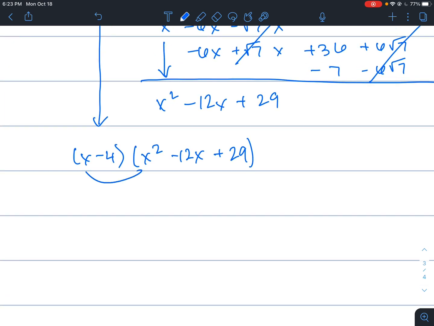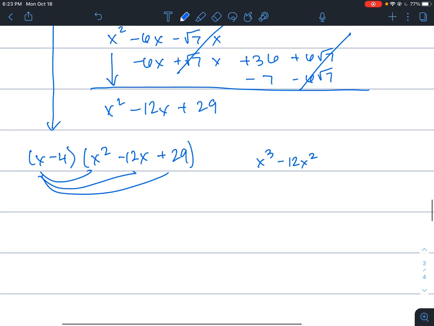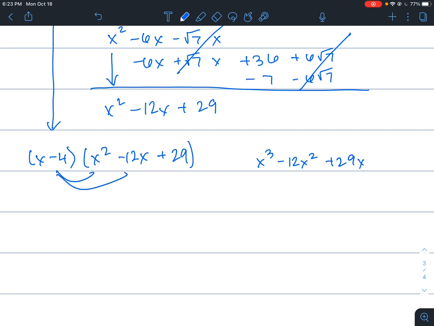Now here I'll do this. x times x squared is x cubed. x times negative 12x is negative 12x squared. And x times 29 is positive 29x. Then negative 4 times all of these, so I'll have negative 4x squared plus 48x, and then minus 4 times 29, which is 116.